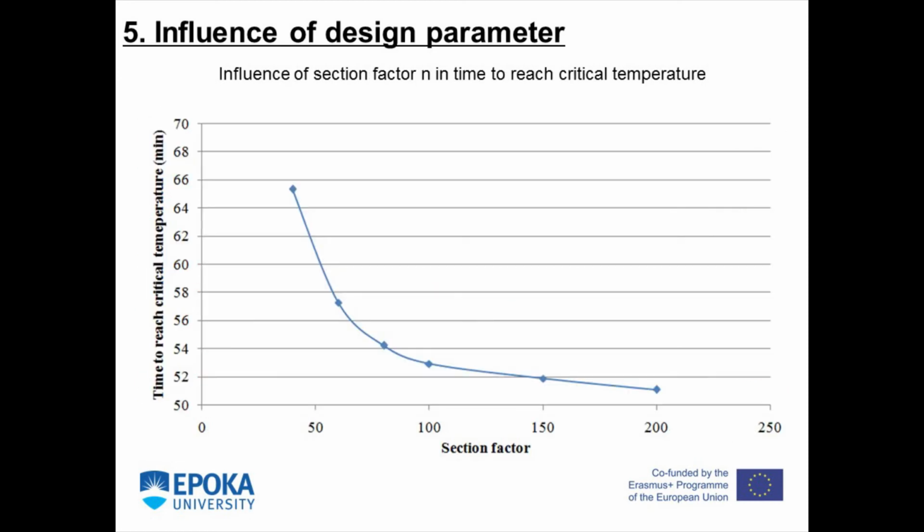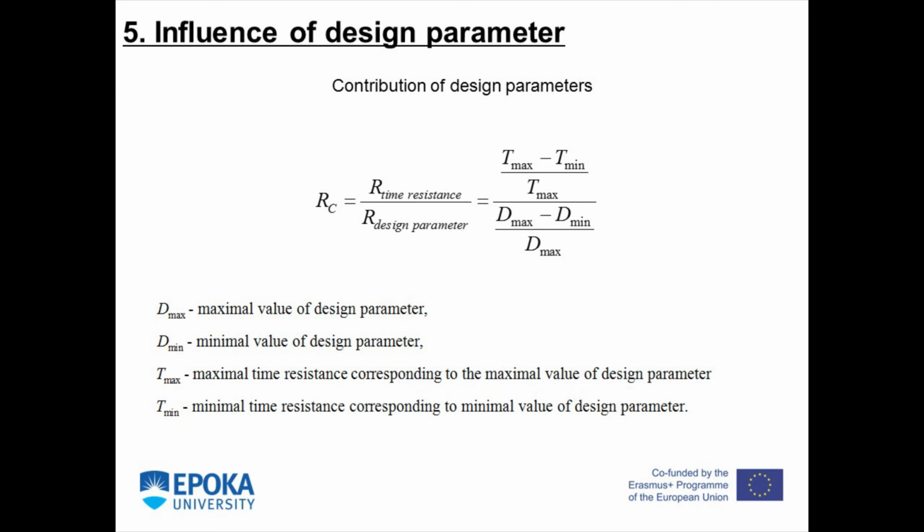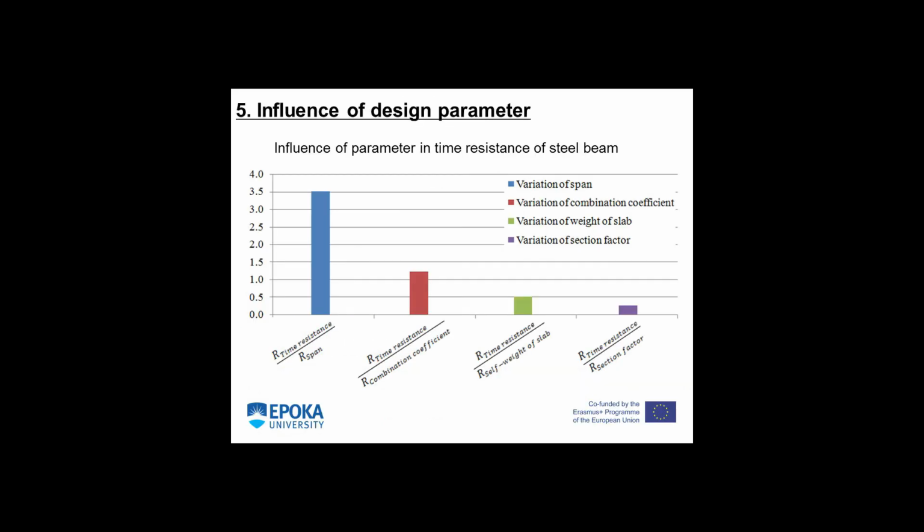The influence of section factor on time to reach critical temperature is presented as well. In the end, the influence of parameters on time resistance of the steel beam is calculated with the formula presented in this slide, and the contribution of design parameters is evaluated.